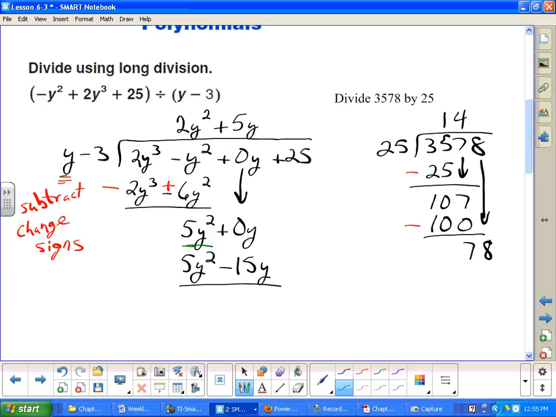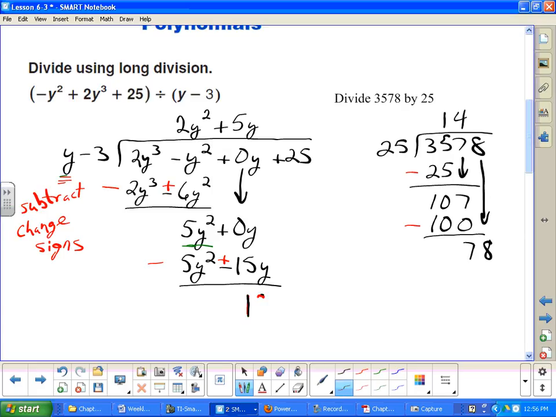All right, so we're going to subtract, okay, just like the next thing we did, 100, so we're going to subtract. When we subtract, we change the signs. Okay, remember, when we're subtracting, we're adding the opposite. So the opposite of 5y squared minus 15y would be negative 5y squared plus 15y. So this first part's going to be 0.